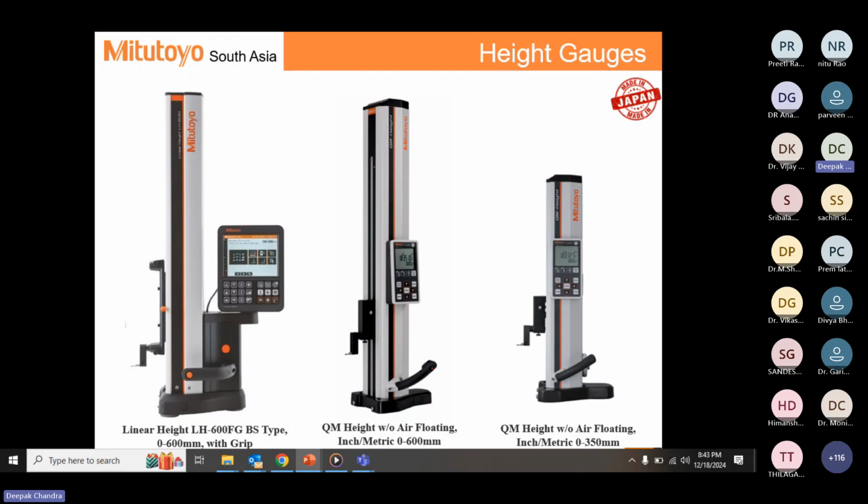Suppose any customer wants to check a slot, depth, or angle. For one or two parameters, such a big machine is very difficult to operate. You require a skilled operator. For such an instrument, an unskilled operator can also use it. For that reason, industry needs such type of height gauge.